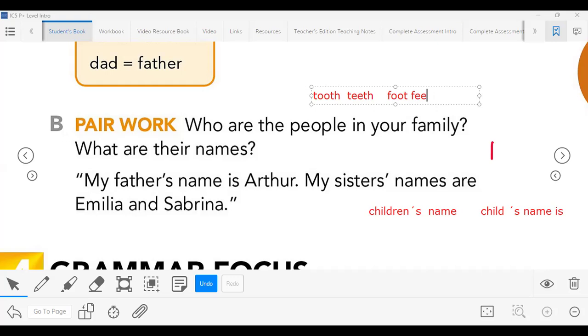So be careful with those irregular plural forms. When you listen, an S is not always a plural. Children's homes, children's school. Be careful, it's not plural.